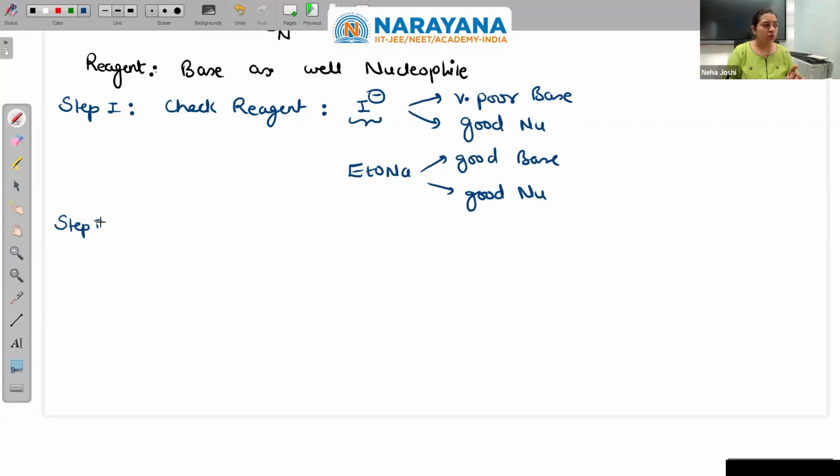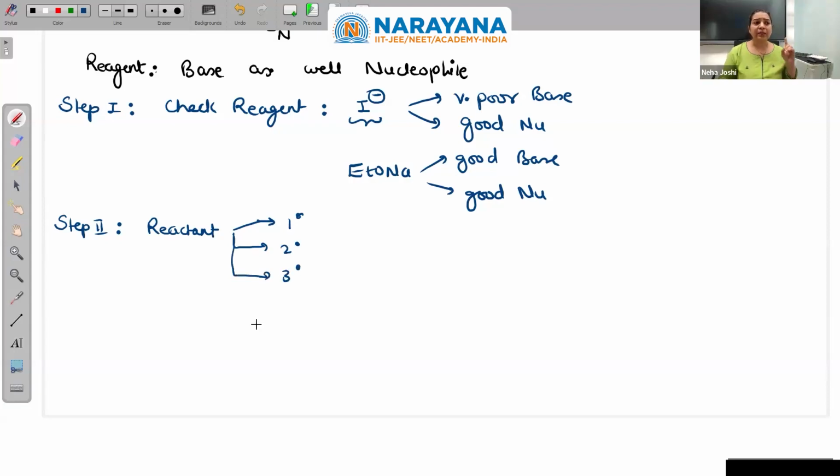Step number 2 you will check is the reactant, the organic reactant given. Okay. Now, whenever we are talking of nucleophilic substitution versus elimination, normally we talk of alkyl halide. So the second step is you take the reactant and you compare. I mean, what is there to observe and compare? Whether it is 1 degree, 2 degree, or 3 degree.